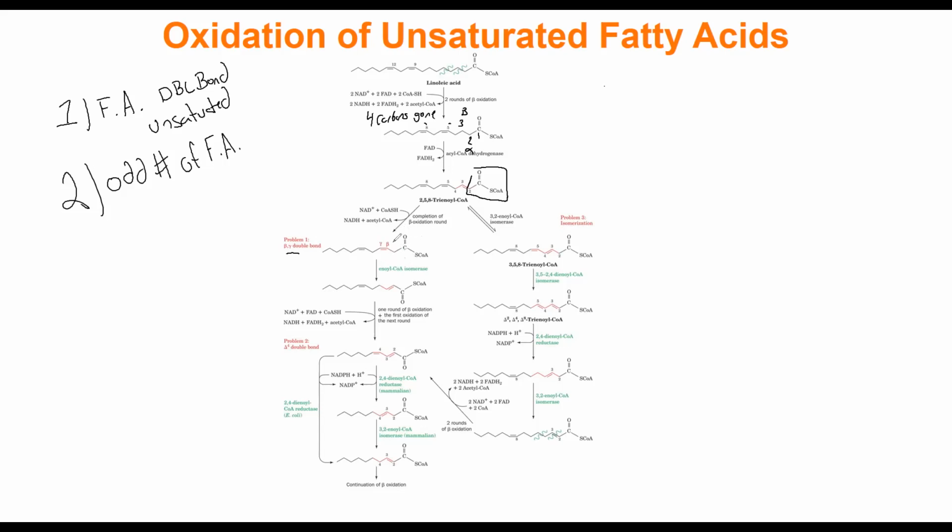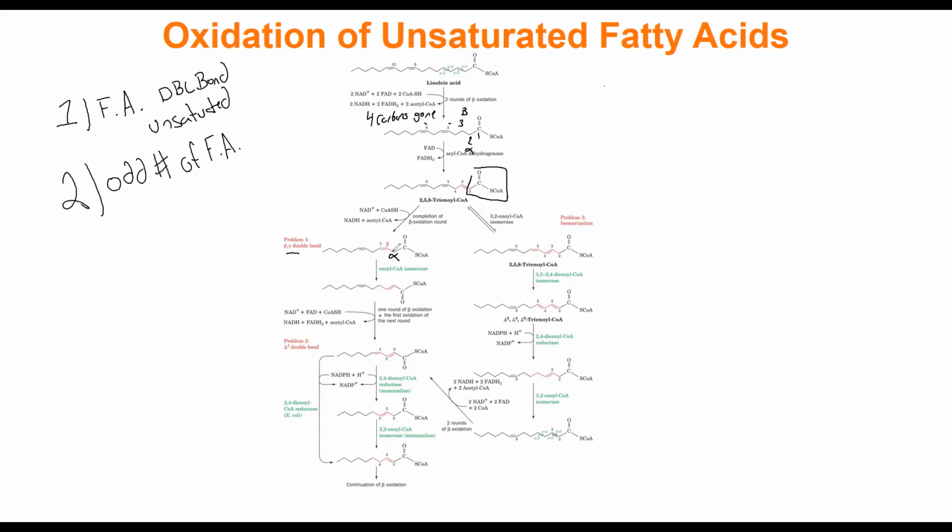Before you do anything in your next step of beta oxidation, you have what's called a beta gamma double bond. So this is the alpha carbon, that's the beta carbon, that's the gamma carbon. And this double bond here is not what we want. Remember, we want the double bond between the alpha and beta only. We cannot do that currently because the beta is already in a double bond.